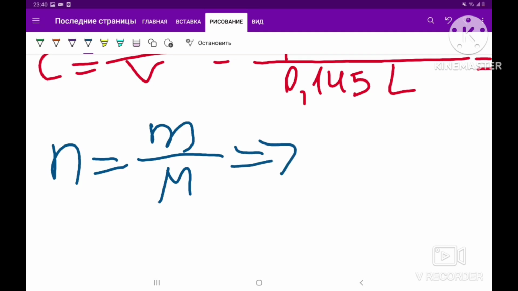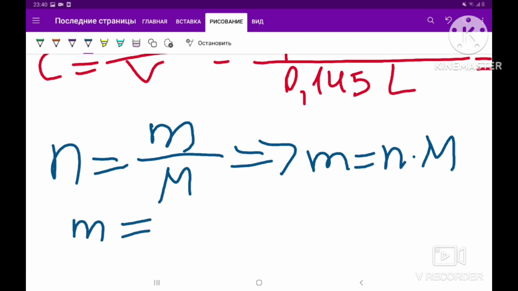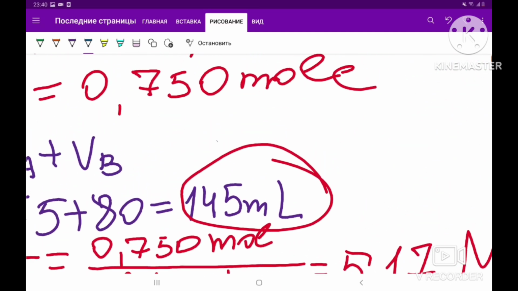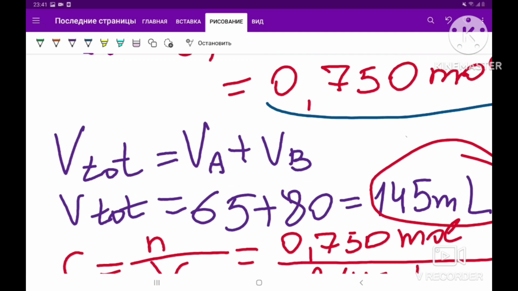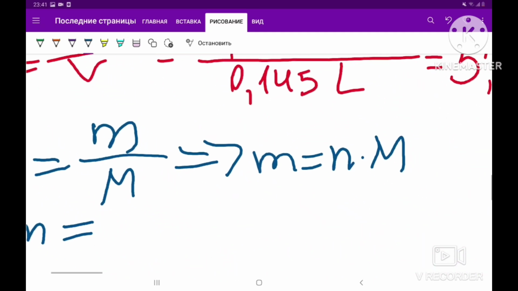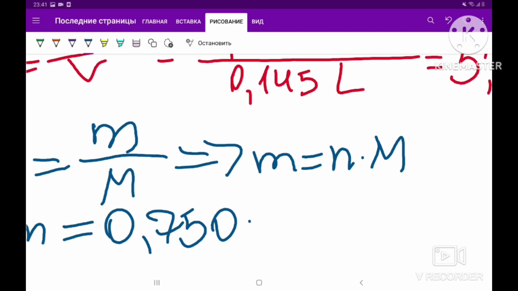Hence, mass will be equal to the number of moles multiplied by molar mass. Mass equals, we found the number of moles, 0.75, the total number of moles, multiplied by the molar mass, which was given as 56.11.